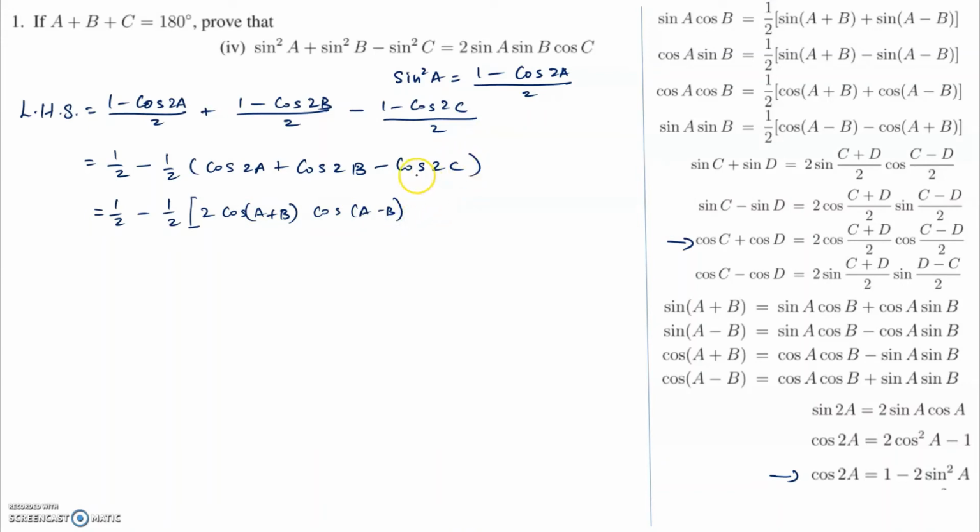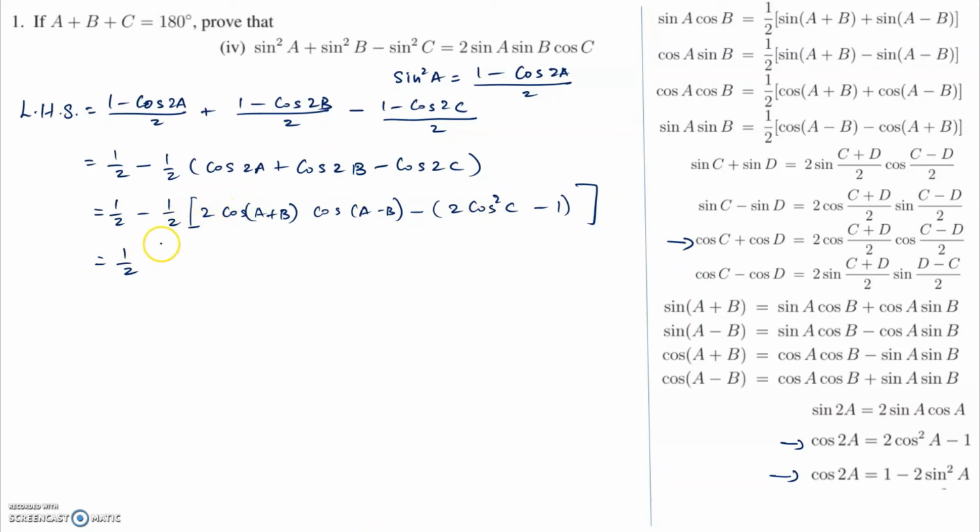And let's rewrite cos 2c using this formula here to be minus (2 times cos squared c minus 1). Now again rearranging this entire thing, and cos (a plus b) is equal to minus cos c, so this becomes half.